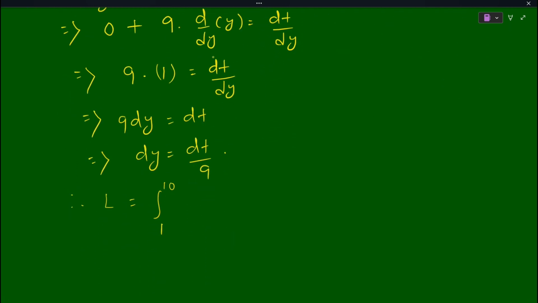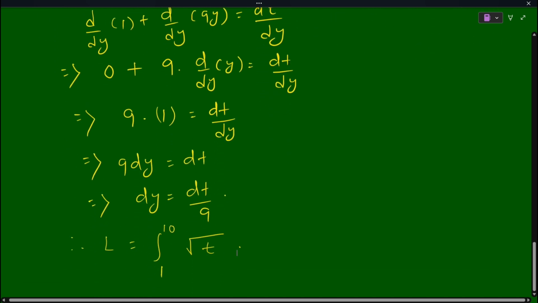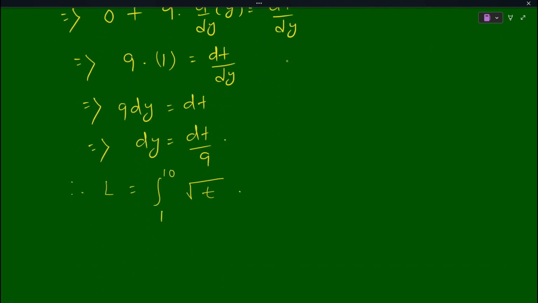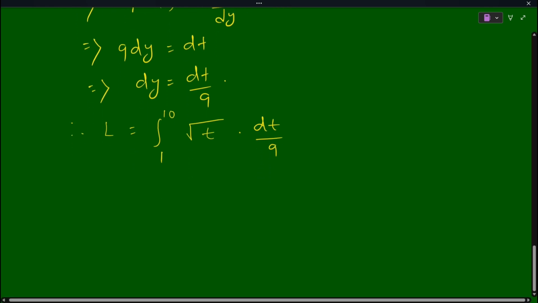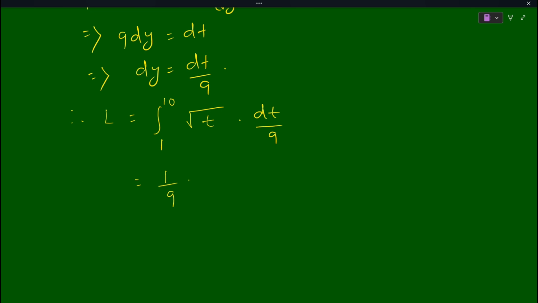Then what is the value of dy? We have found already, dy is dt by 9. So now this 1 by 9 is a constant, it will go outside of the integration. It will be 1 by 9, then the integral from 1 to 10 of root t dt.